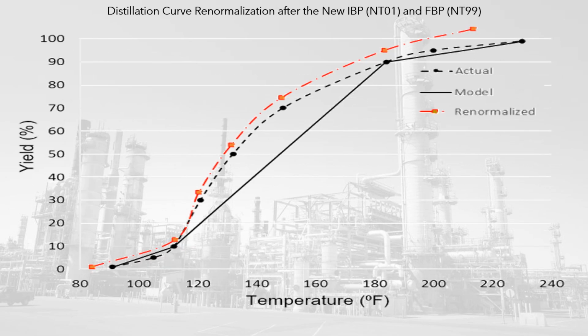Considering that the example is a straight-run gasoline, its old IBP, OTO1, and FBP, OT99, are 91 and 230 Fahrenheit degrees as seen in the actual figure.